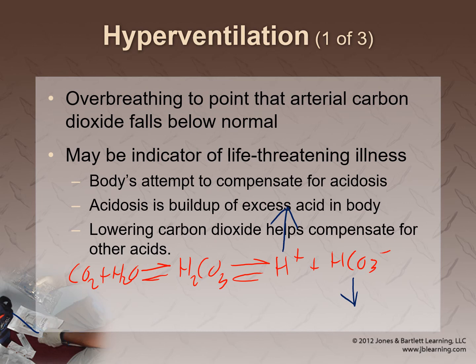So bicarb down, hydrogen up, and your body needs to get rid of CO2 in order to keep the pH the same. Because if your body doesn't get rid of CO2, we know that CO2, as it rises, will push the equation back this direction, which is just going to cause the hydrogen to go up even more, right? So CO2 is your body's escape hatch out of this cycle.